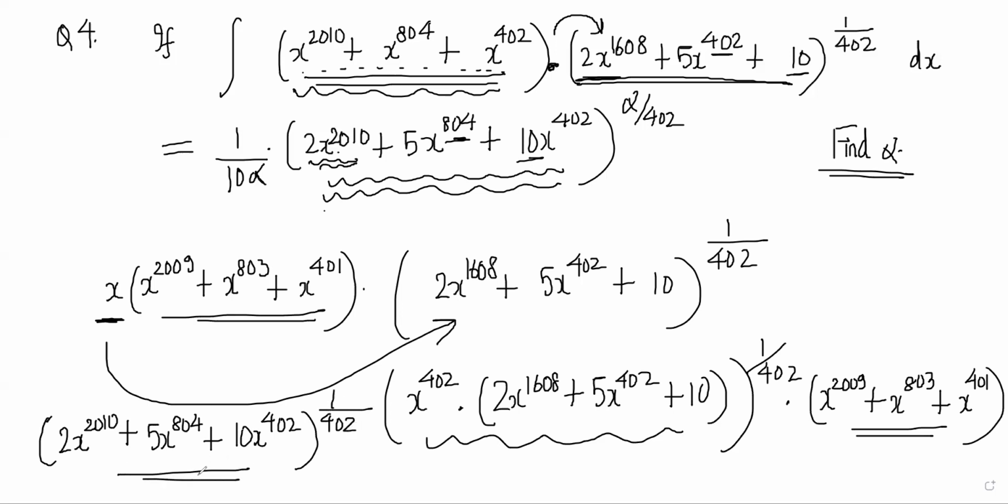So now this is very good because you can take this as t, and when you differentiate it, you'll realize that all the coefficients are matching out very well. You're getting 4020 x^2009, and again 804 times 5 is 4020, and it will become x^803. And again 10 times 402 will become 4020 x^401.